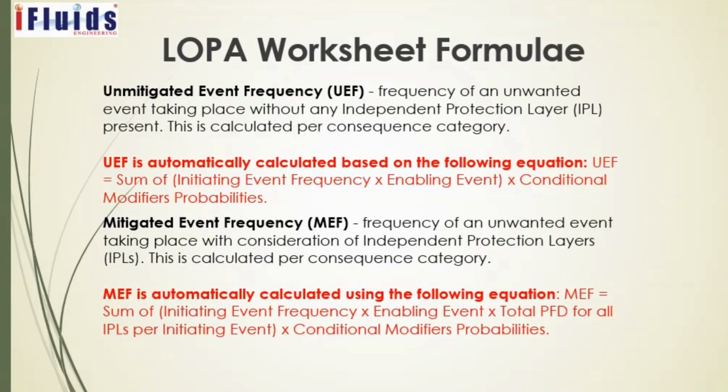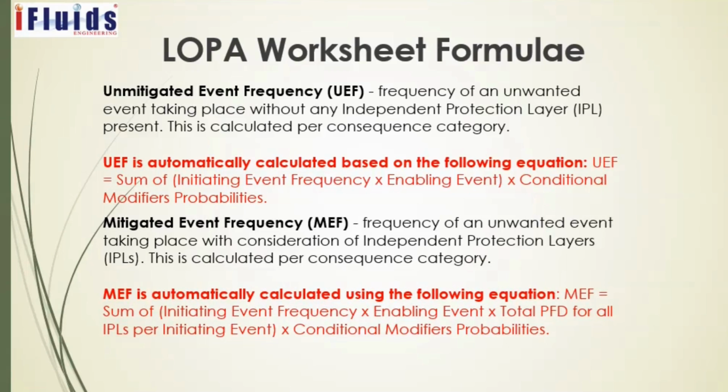unmitigated event frequency, UEF. Frequency of an unwanted event taking place without any IPL present. This is calculated as per consequence category. UEF is automatically calculated based on the following equation. UEF equals sum of the initiating event frequency into enabling event into conditional modifier probabilities.